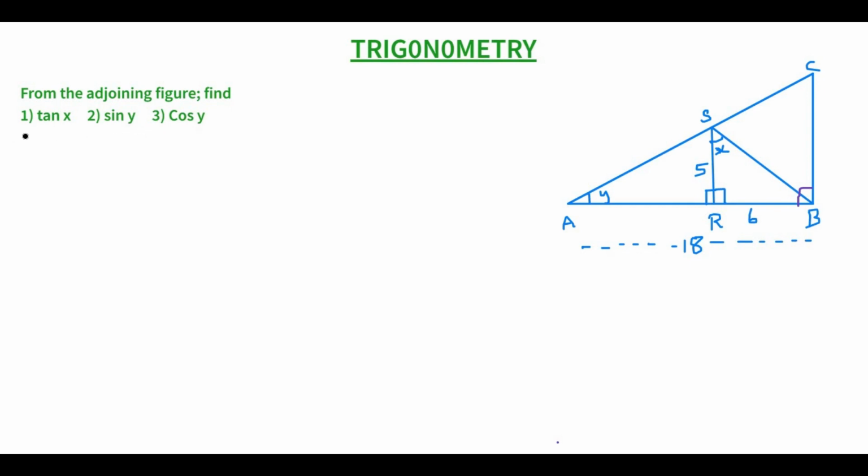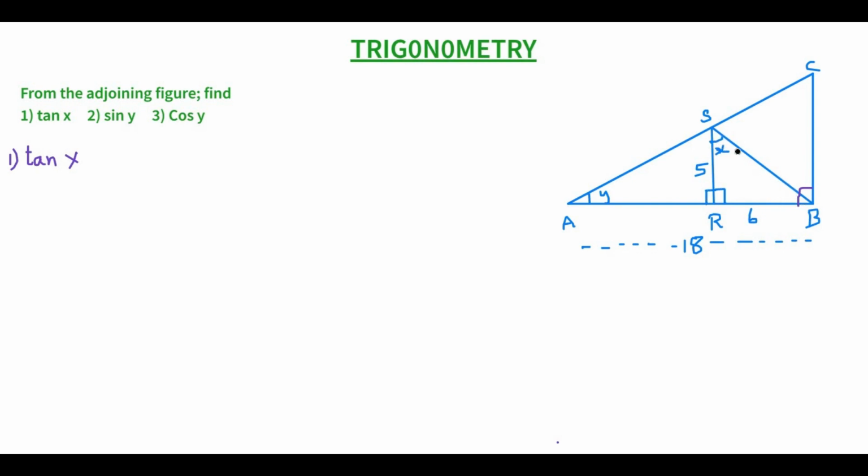So let's take the first question, which is tan x. To find this, let's take the smaller triangle, because it's x. So our angle x is here.